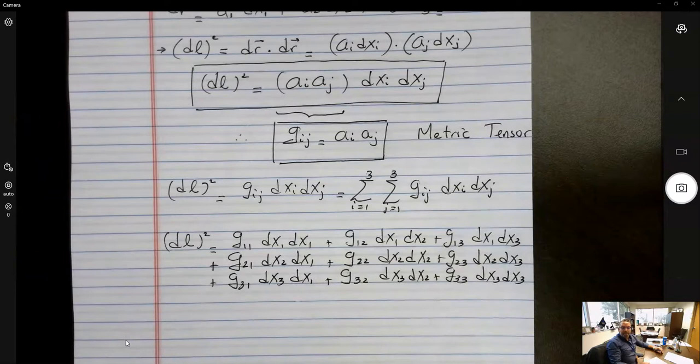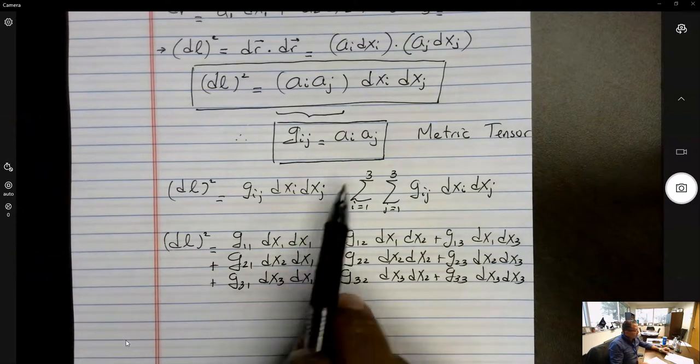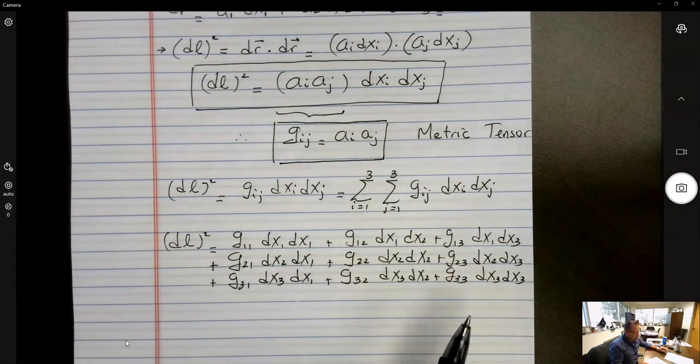So the G tensor, the metric tensor, contains 9 elements.